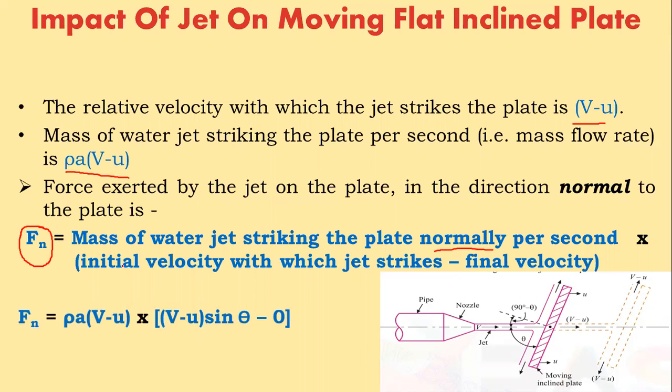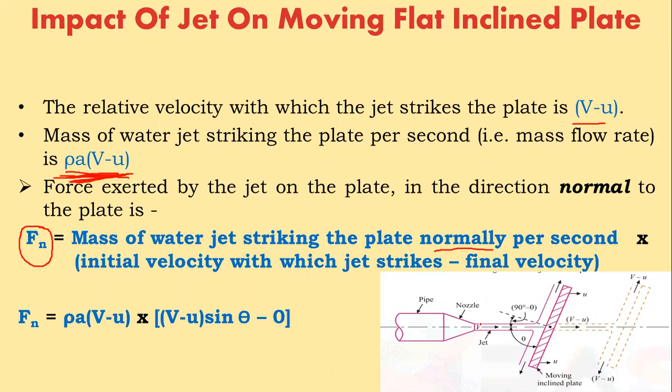The mass of water jet striking the plate per second is nothing but rho A into V minus U, into the initial velocity with which the jet strikes the plate.